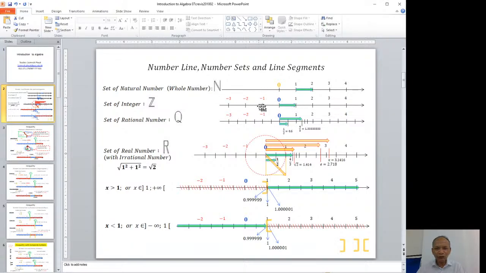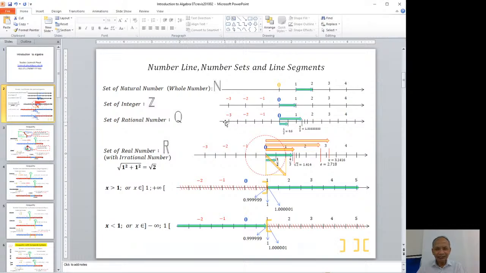If you have -1, -2, -3, opposite, as a reflection, as inverse to 1, 2, 3, and also the number 0. Okay, the set of integers Z.